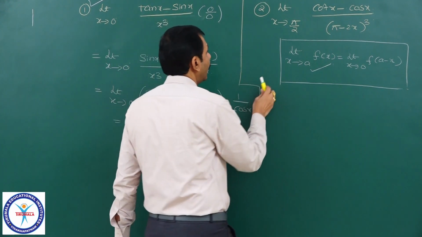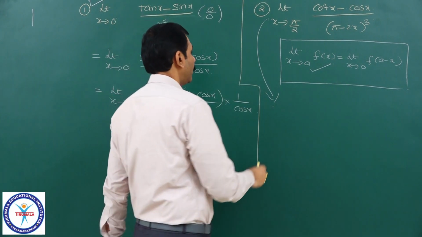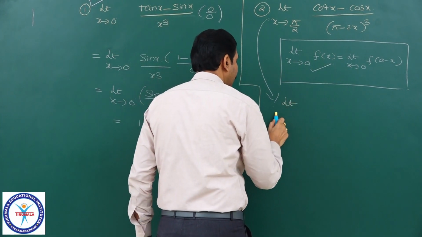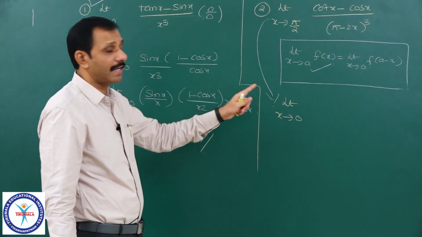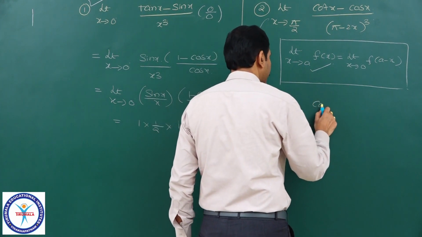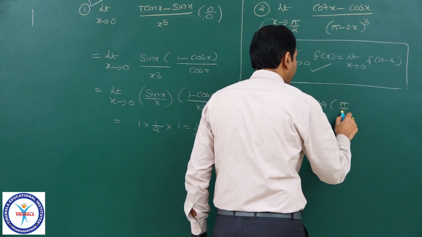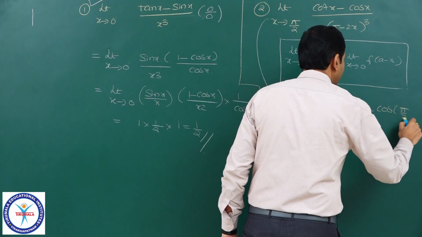Right. Now, let us see this. Limit x tends to pi by 2 is there. I will write limit x tends to 0, replacing x with a minus x, that means pi by 2 minus x. For this problem, cot of (pi by 2 minus x) minus cos of (pi by 2 minus x).